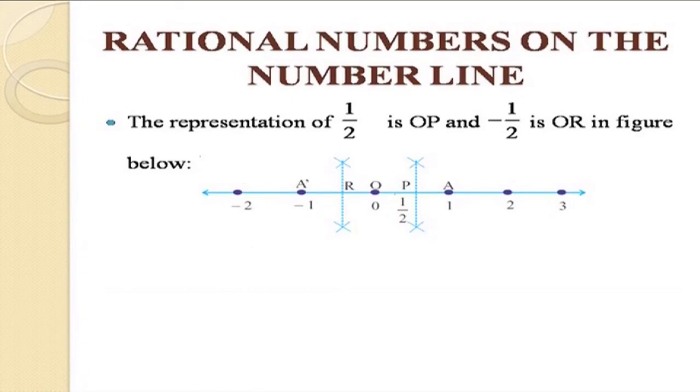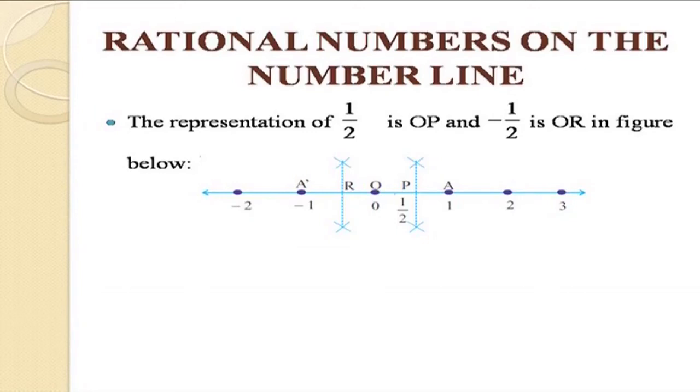You see in the figure OP, and OP is exactly half of OA, and from the figure you find OA is nothing but 1 unit. Therefore OP is exactly half of OA, which is nothing but 1 by 2.